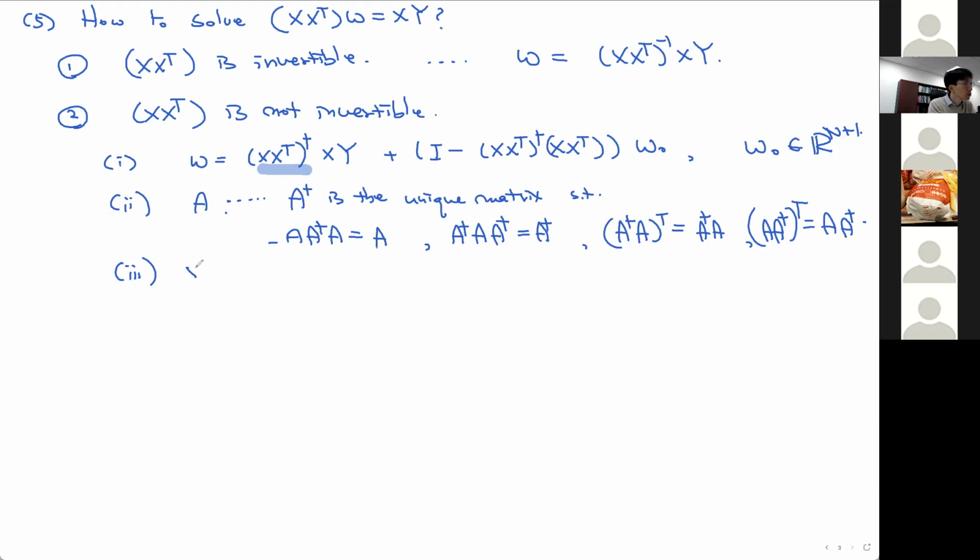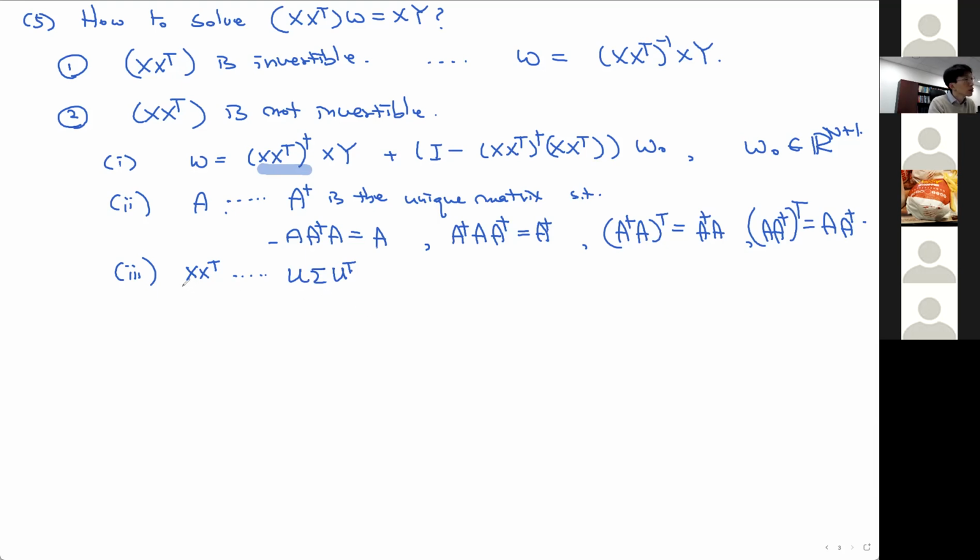But in our context, because X X transpose is symmetric and a reasonably nice matrix, we can have a much more concrete feel about what the pseudo inverse actually is. For the X X transpose case, we can think about the eigen decomposition: the orthonormal matrix consisting of eigenvectors, then the eigenvalues, and then the transpose of this orthonormal matrix.